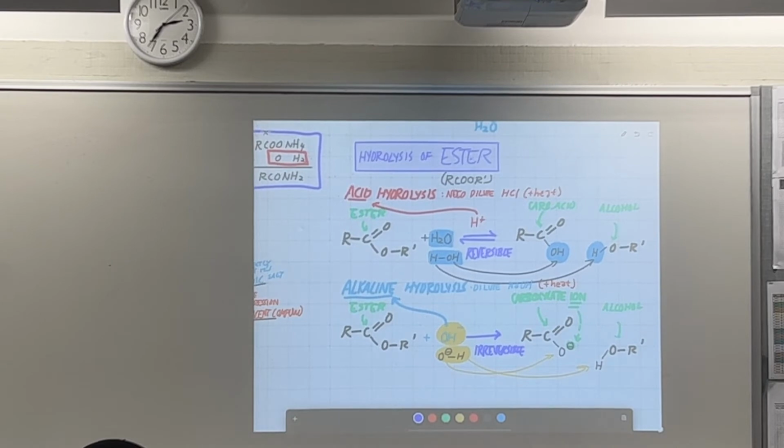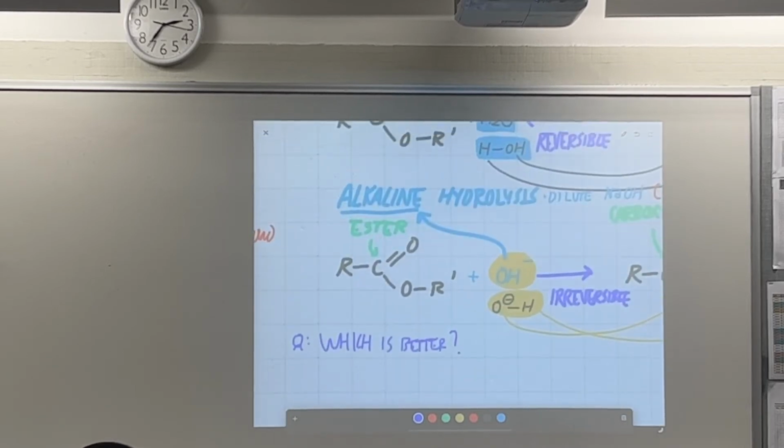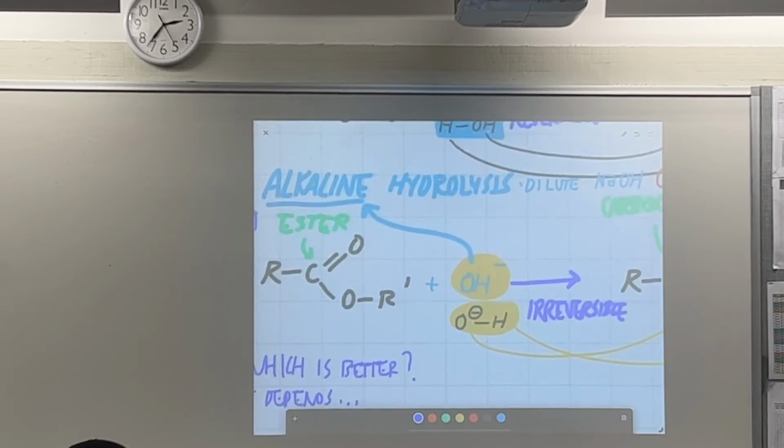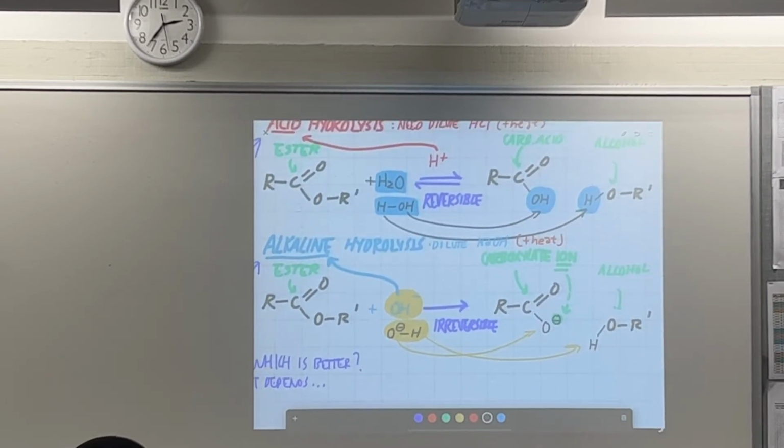And put down the question: which is better? The answer is, it depends. Depends on what? If better means more complete hydrolysis, then alkaline hydrolysis is better because it is irreversible.